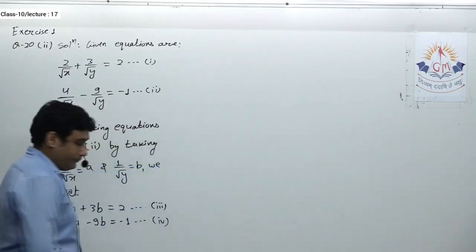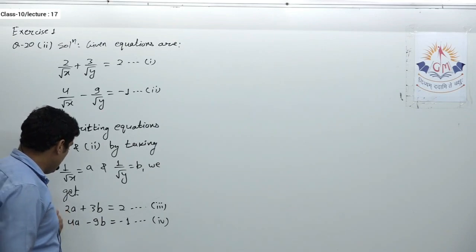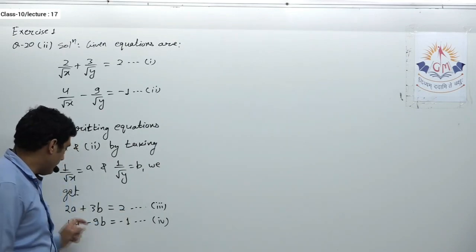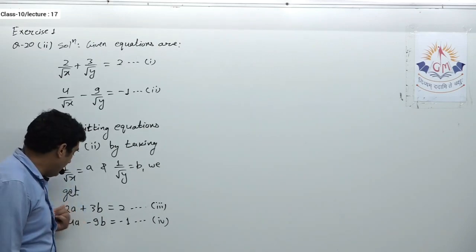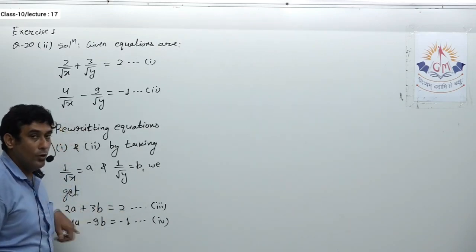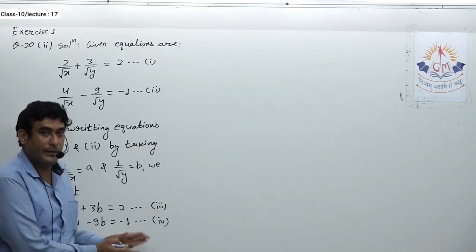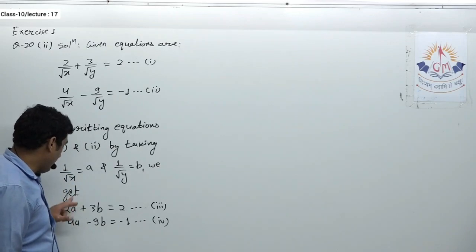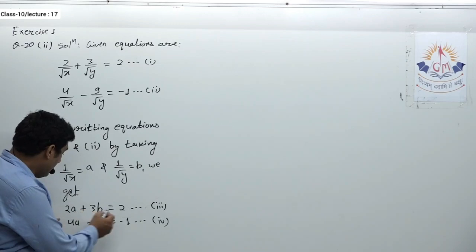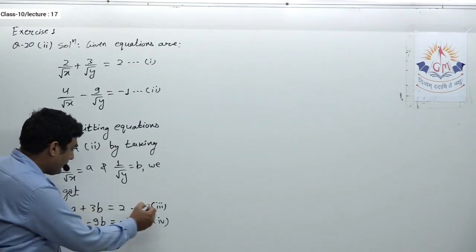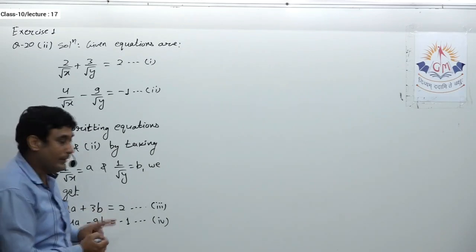Now we have to apply any of the algebraic methods to solve equations 3 and 4. Here again I find that it is easy to solve by the elimination method. For that, two things can be done. If I want to eliminate a, I need to multiply the first equation by 2, so that this term becomes 4a, and then by subtracting I can eliminate a. Or, if I want to add instead, I multiply this by 3, so this will become 9b, and then just by adding I can eliminate b.